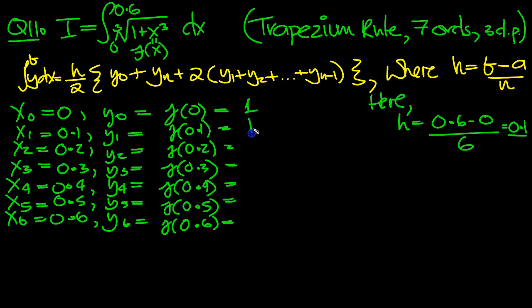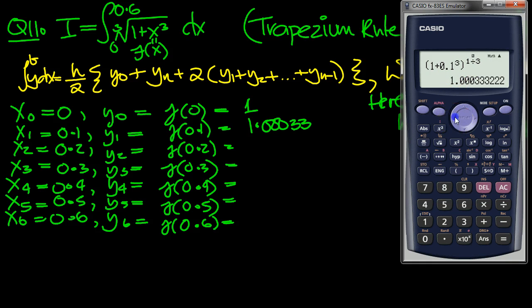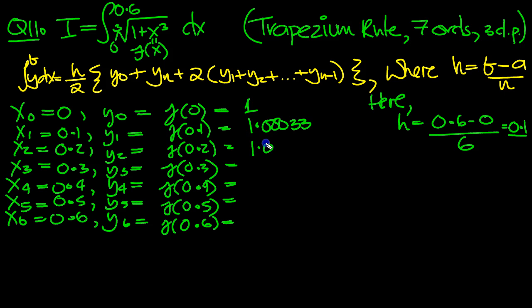We'll do it to 5 dp, and then the final answer to 3 dp, so it should give us sufficient margin of error. Now we'll get 0.2. Just toggle back and tap that in. 1.00266, the 5 rounds up.